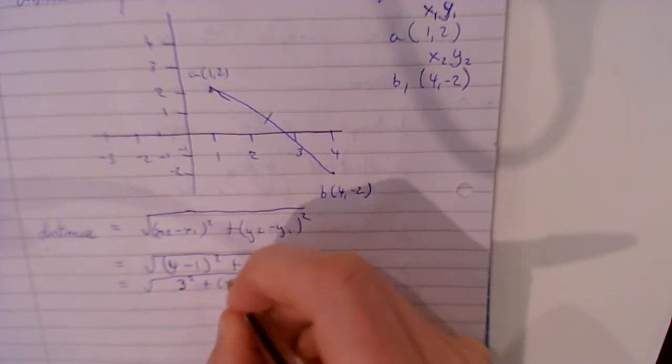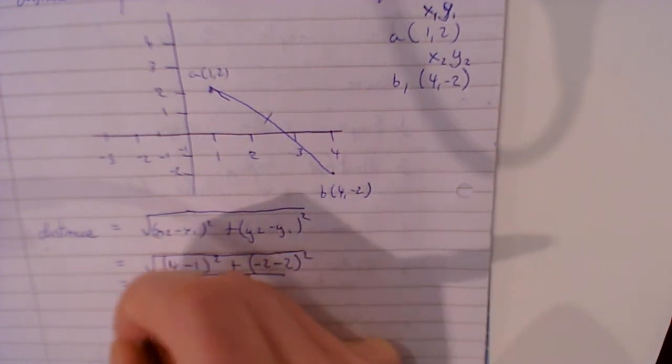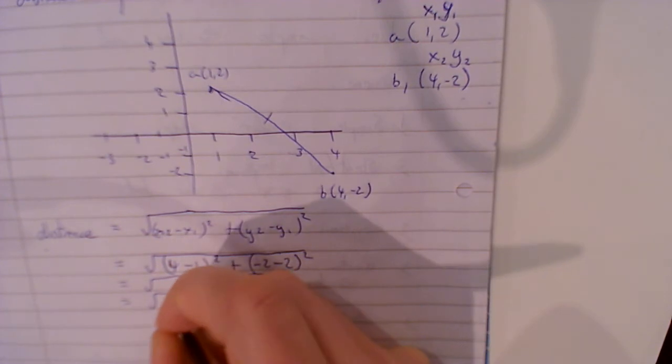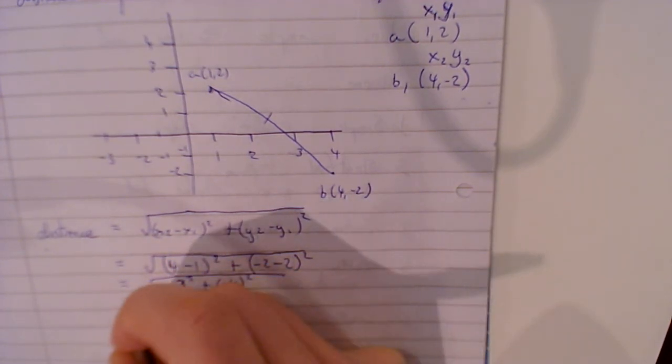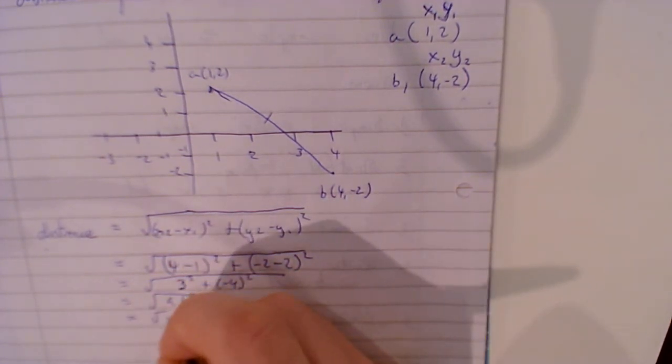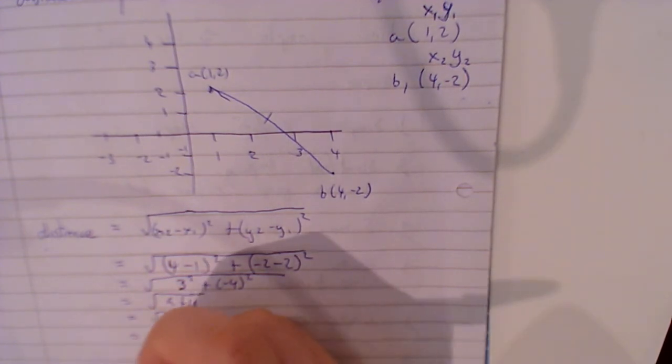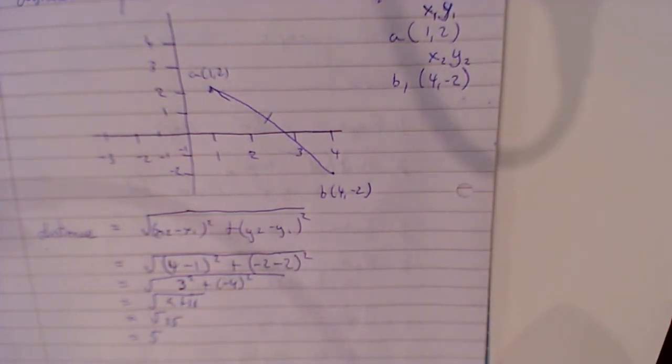That is plus -4 squared. Everybody's got a calculator. -4 squared is 16. The distance is the square root of 25, which is 5. That's it done. There's nothing else you're going to be given here that's going to cause you any more confusion than that.